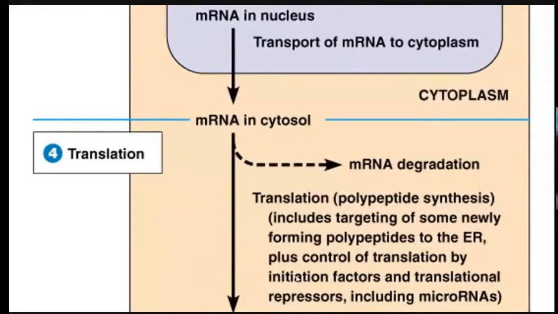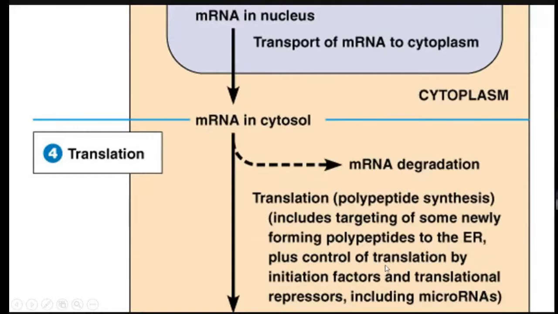And yung next step ay in the translation regulation. So, in the translation, meron ka ng mature mRNA sa cytosol. Therefore, pwede na siya ma-translate into proteins, into polypeptides. And dito, sa translation control, nagkakaroon ka nung mga pagpunta nung polypeptide sa ER.